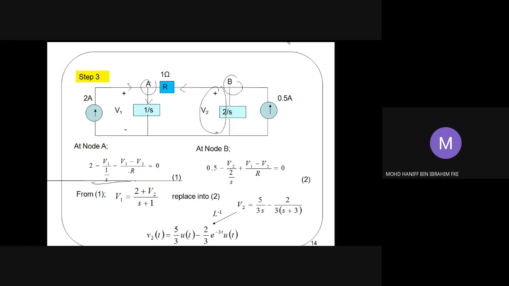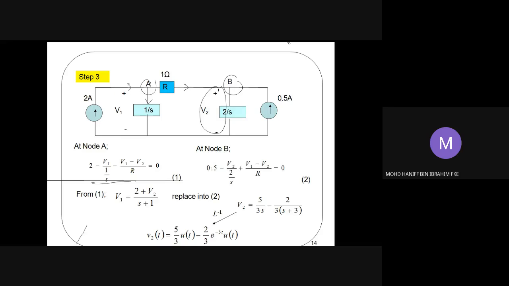Then we have node B, sorry, I think I made a mistake just now, sorry for that.